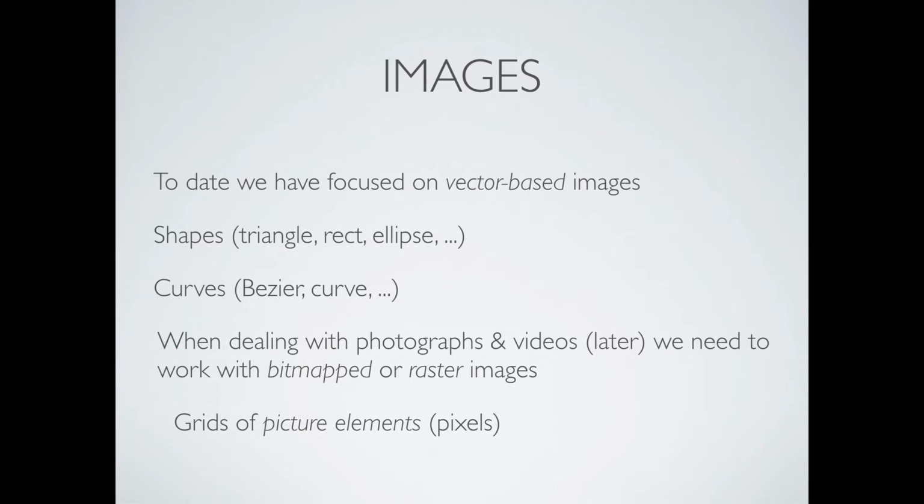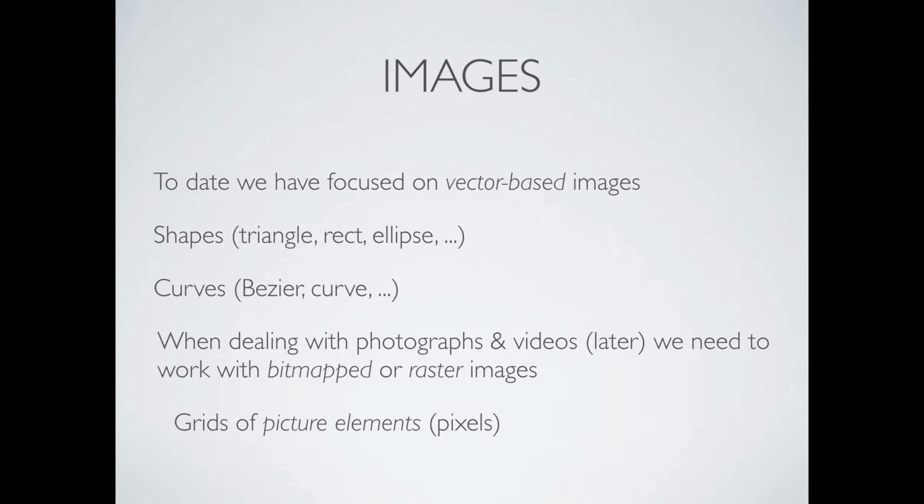So far in Processing, we've focused on vector-based images, that is, shapes like triangle, rectangle, ellipse, and so on, and also curves, and you would probably recall the Bezier curves. However, if you want to deal with things like photographs and videos, which we will get to in the next few weeks, then we need to work with bitmapped or raster images.